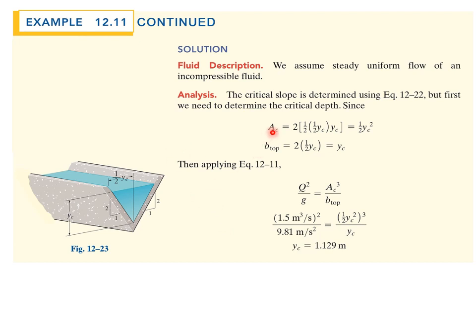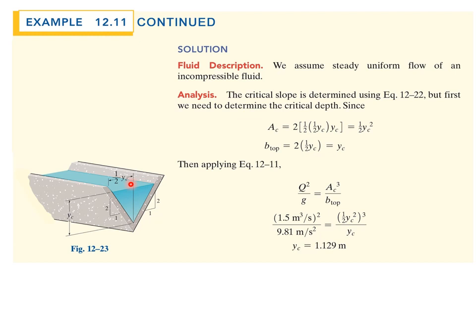First of all, you can calculate the area. You can use the equations I'll show you at the beginning of this lecture, but this one's kind of simple; you can just calculate it. You have two triangles, so it's two times the area of one triangle. That's 1/2 base, which is 1/2 y_C, times the height, which is y_C. You have two triangles, so the twos cancel, and it's just 1/2 y_C squared.